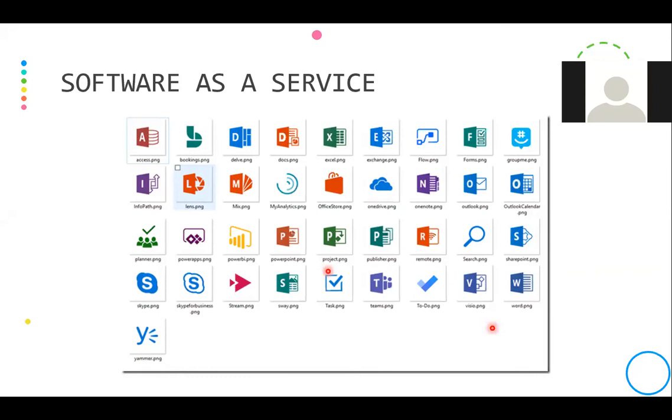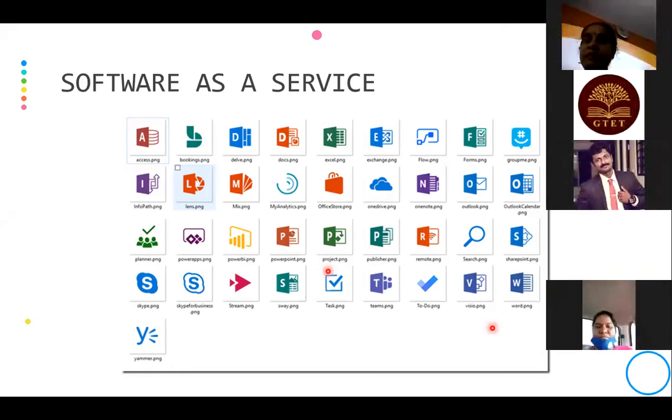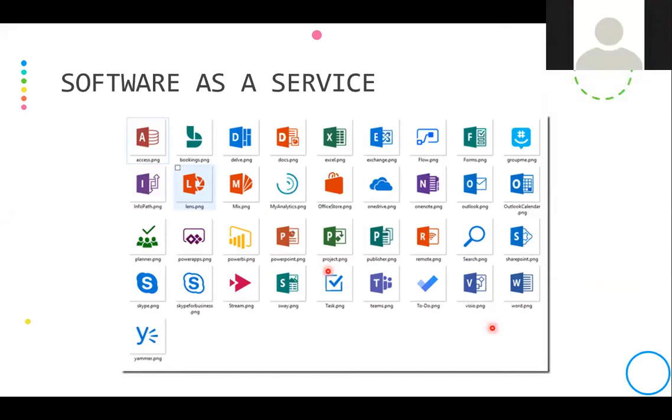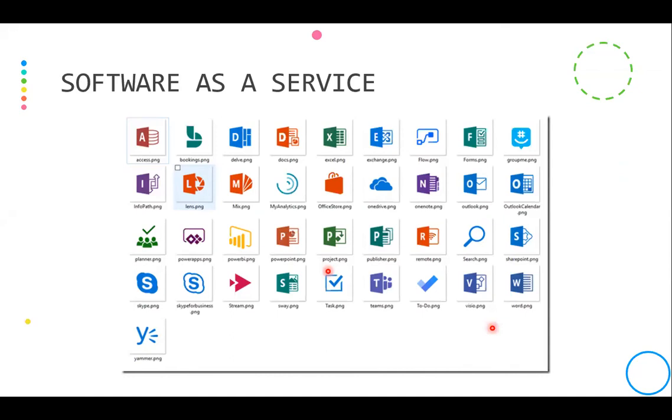This is a software which is available for free, and you can use it to create your cartoons. You can use it to create your designs, graphic design. You can use it for VFX effects. You can use it for motion capture videos, etc.